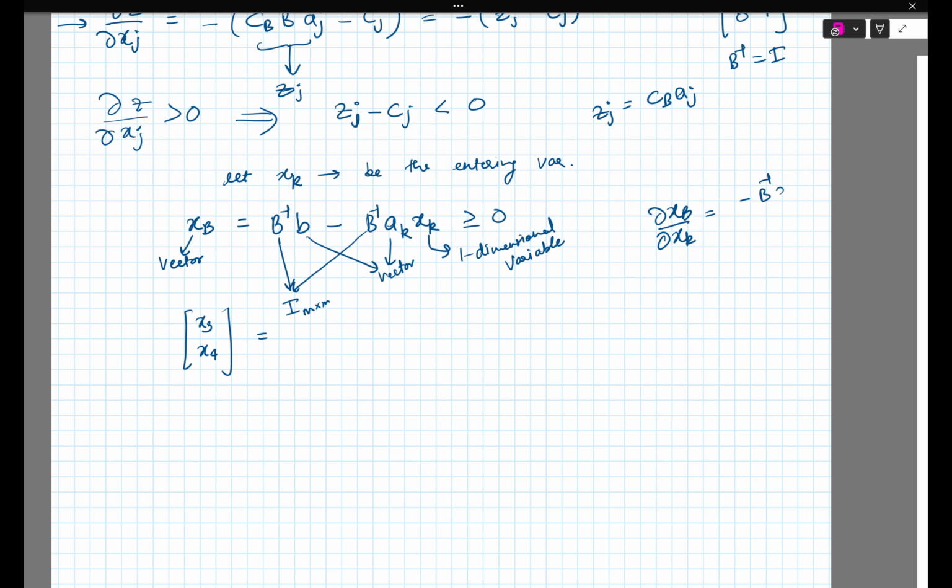Therefore, XB is equal to B inverse b minus xk alpha k. So this is the same thing, right? Alpha k is basically B inverse Ak. Okay, you have written Ak, fine. I thought it was alpha k.